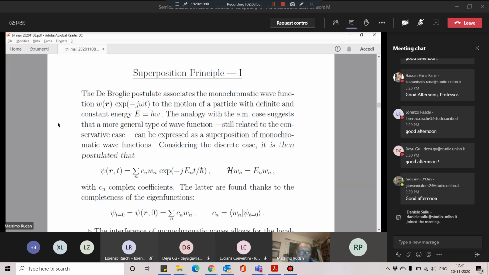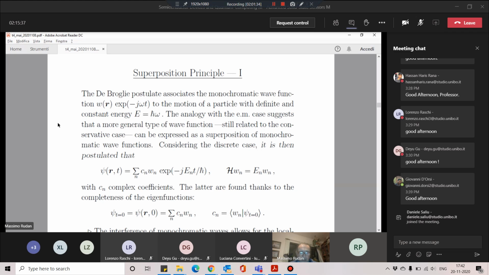And we are using this case because it is more easily manipulated, okay? But the same situation can be used in the case where the Schrödinger equation independent of time has a continuous set of eigenvalues. If that happens, instead of considering the sum over index n, we must consider the integral over the continuous parameter.